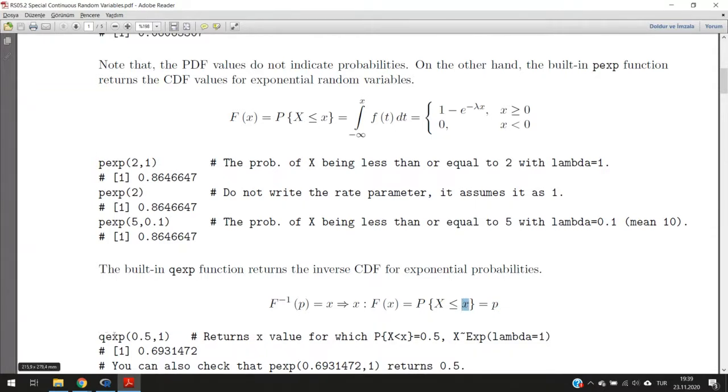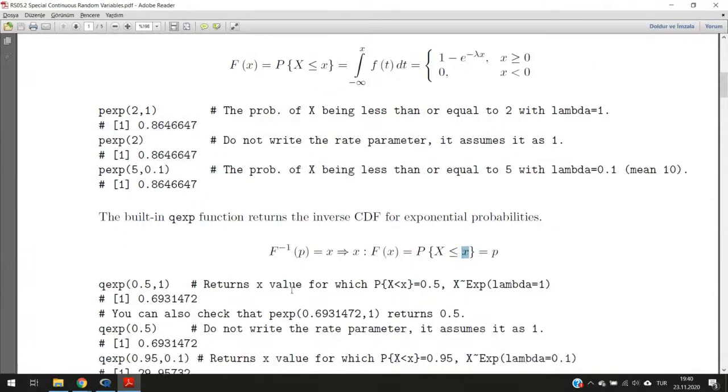Okay, so qexp is exactly doing that. For example, here, let's just say we are interested in calculating the lowercase x value for which the exponential random variable with rate parameter 1 is less than or equal to that value with 0.5 probability.